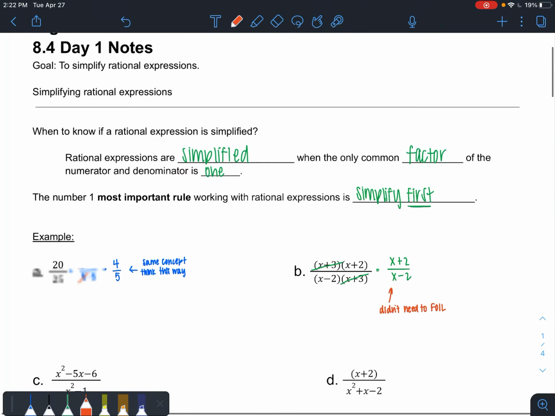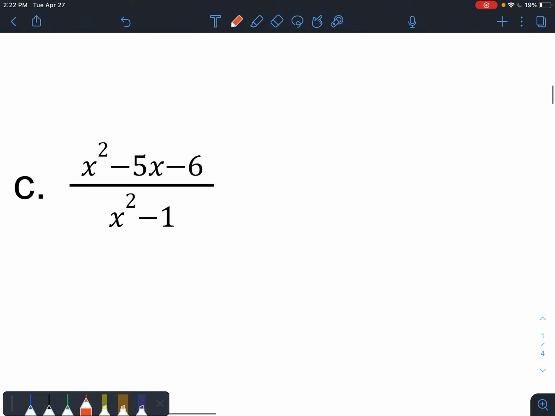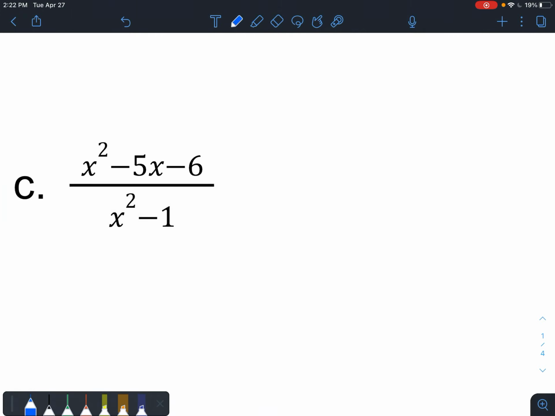Okay, let's look at C. All right, so this one's not factored for us, so we're going to have to do a little bit of work first. So to start our simplifying process, I'm going to factor. So x squared minus 5x minus 6, I need two numbers that add and multiply.